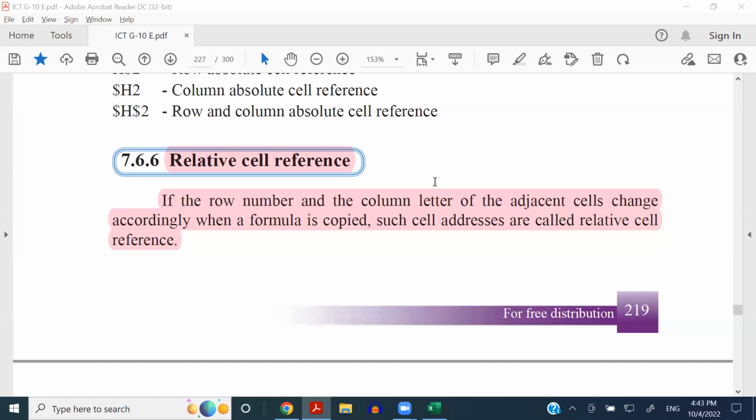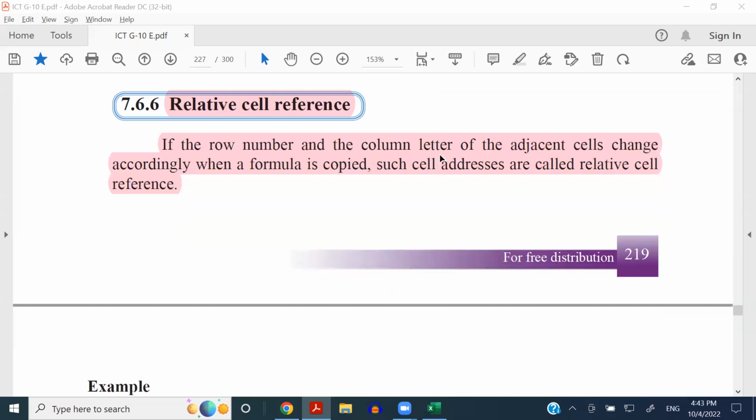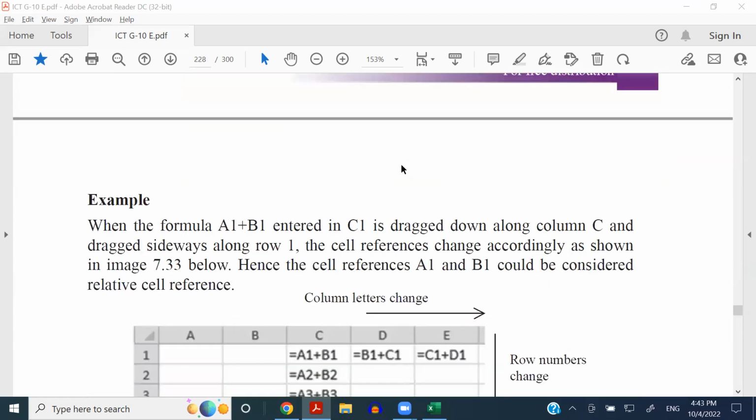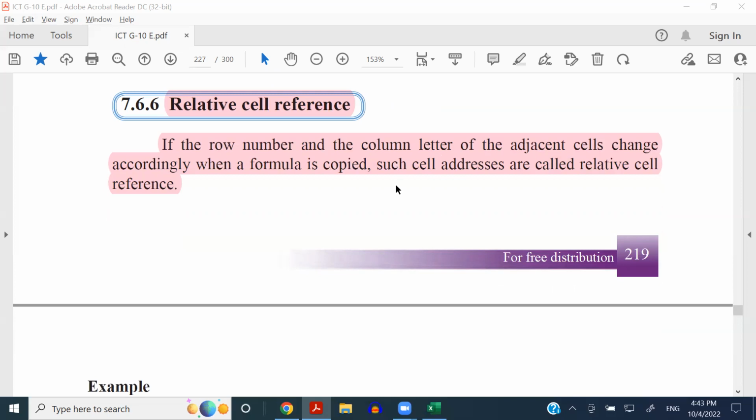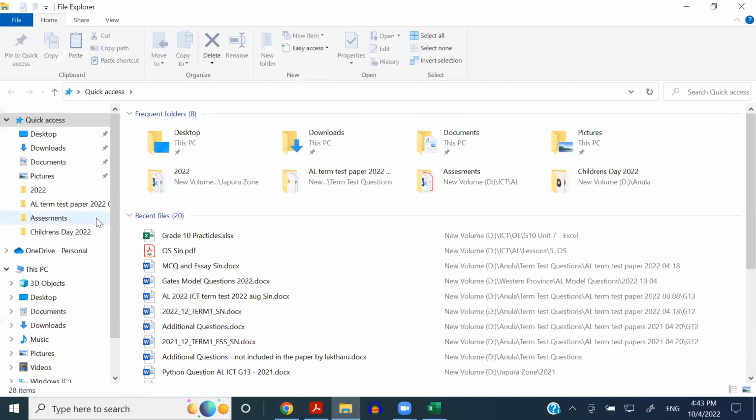Yes, are we done, people? Anyone who is still writing? Okay. So under this, you have to draw. I'll show you the picture.